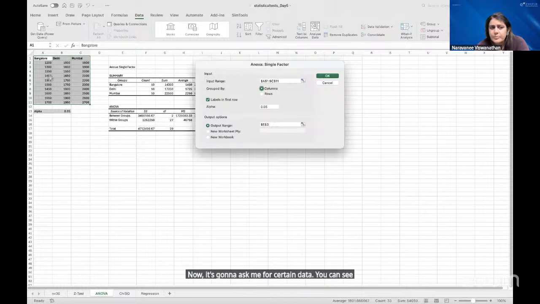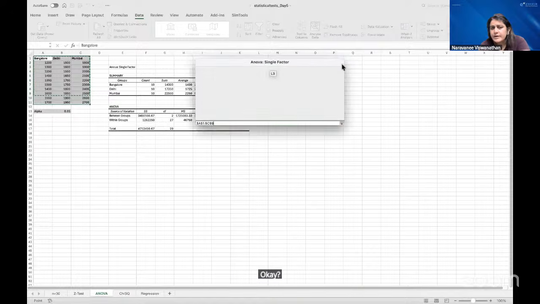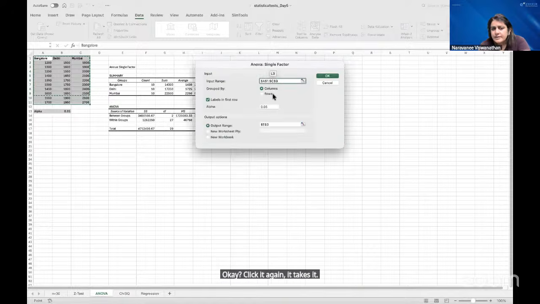You can see I can put the input range. So I've taken A1 to C11, right? So how can we select it? We can select it again like this. Suppose I'm going to put only till here. You click it again. It is grouped by columns, every column is a different data group. Labels are in my first row. I'm fixing my alpha to be 0.05.